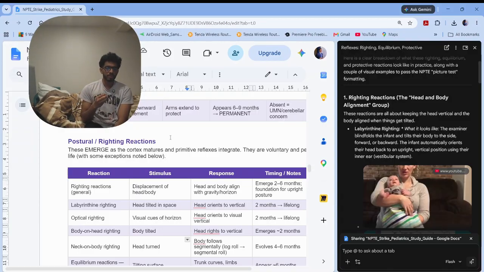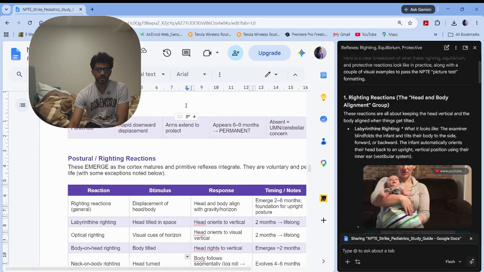Now, when you say righting reaction, postural righting reaction, this happens once your primitive reflexes dissociate or diminish once the cortex starts to develop, right? So the other one is subcortex.